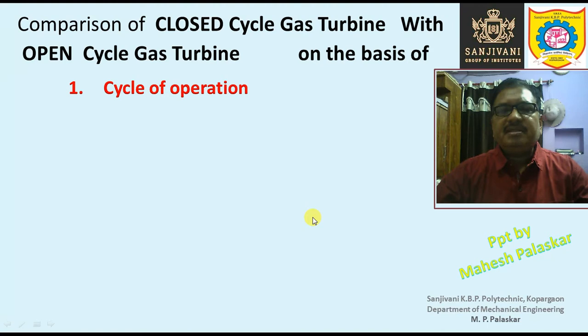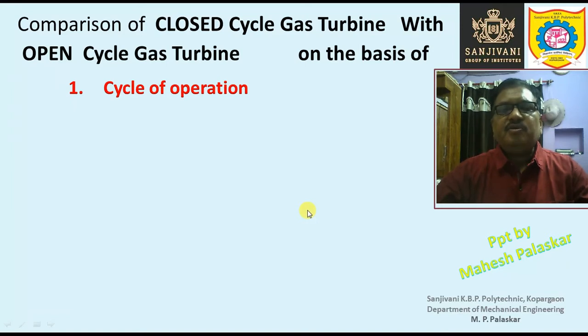That means the working substance is recirculated. The working substance flows again and again. The same working substance is flowing through the various components of the turbine, maybe the compressor, combustion chamber, or the turbine itself.